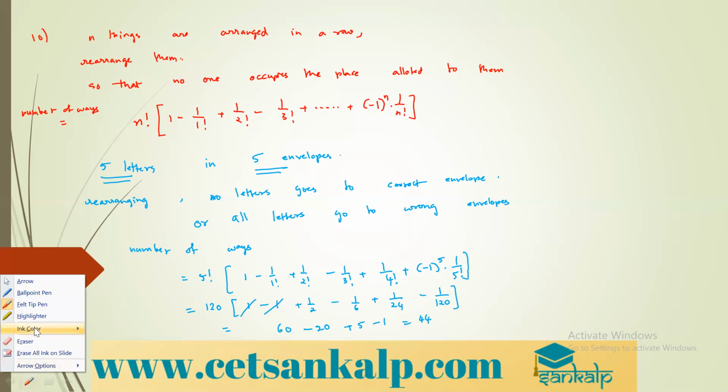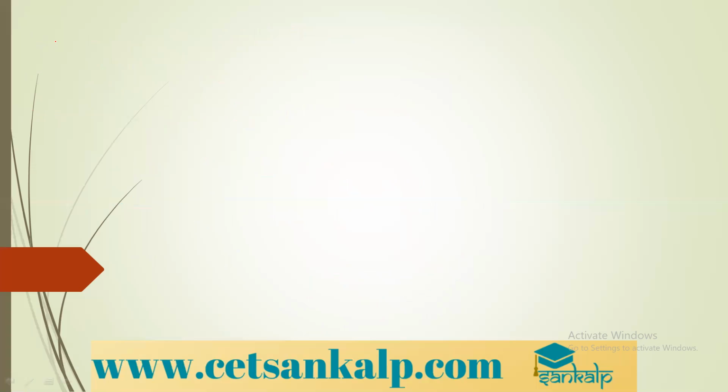Quickly we will complete one more formula and we will end this class. 11th one is, there is one type and there is a second type. Now in first type there are m things and in the second type there are n things. I think this will take long time.